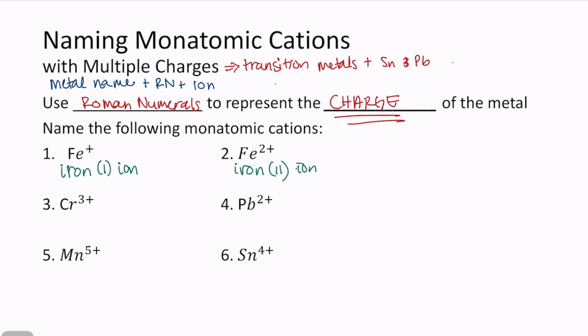In our third example, we have Cr, which is chromium, and my charge is 3. So this is chromium 3 ion. In number 4, we are dealing with Pb, which is lead, and the charge is 2 plus. So we'll name this as lead 2 ion.